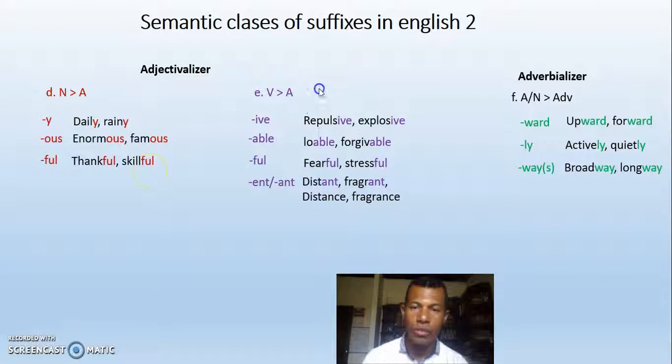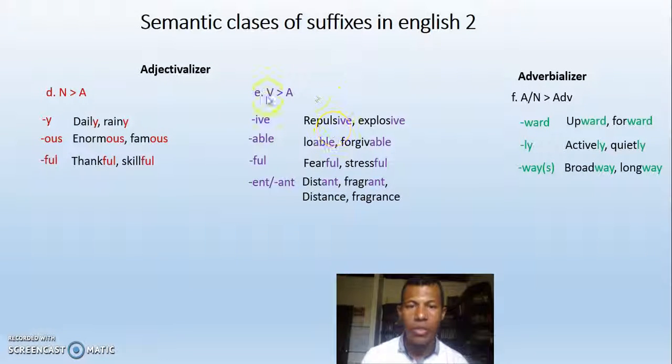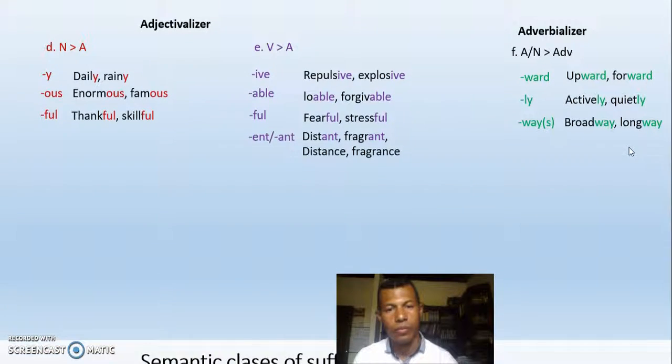In this case we turn verbs into adjectives: repulsive, explosive, loyal, forgivable, fearful, stressful, and so on. And in this case we turn adjectives or nouns into adverbs. Up, upward, forward, active, actively, and quiet, quietly.